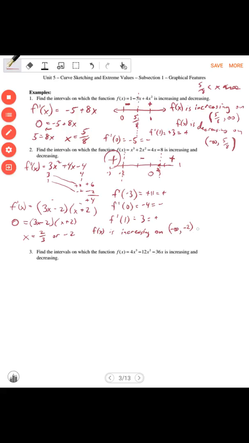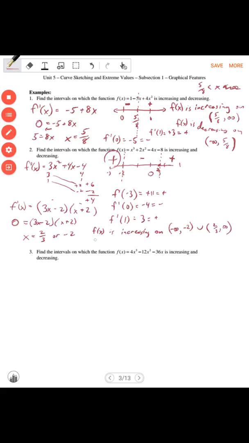Now we have another one. If we have 2 or 3 intervals, we use this little symbol, kind of like a fat U, which means the union of. It just means this and that. You certainly can write and, but the math way of doing it is the union symbol. Then we go from 2/3 all the way up to positive infinity.